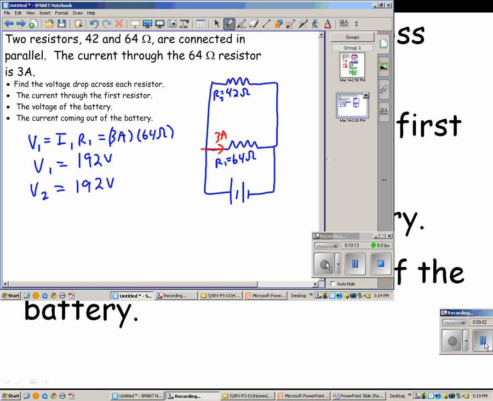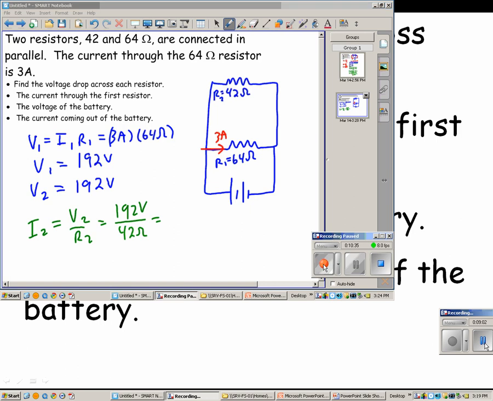So we can find the current through the other resistor: I2 equals V2 over R2. It's 192 volts over 42 ohms, and that ends up equaling a current of about 4.6 amps. So we know that we have 4.6 amps going through that resistor.